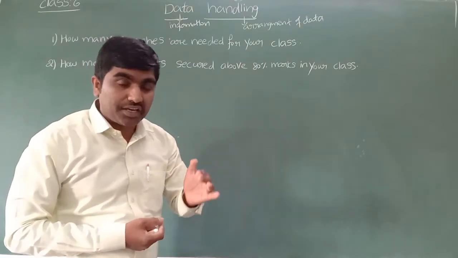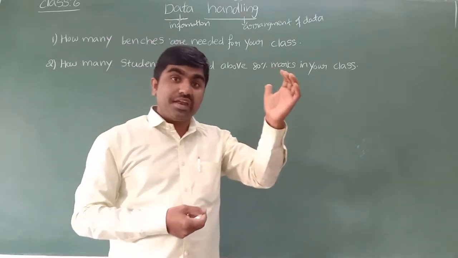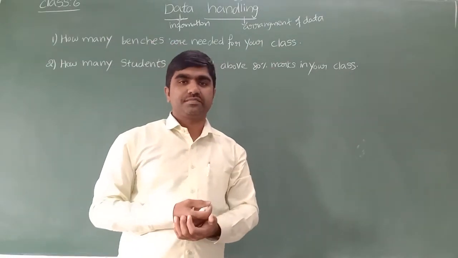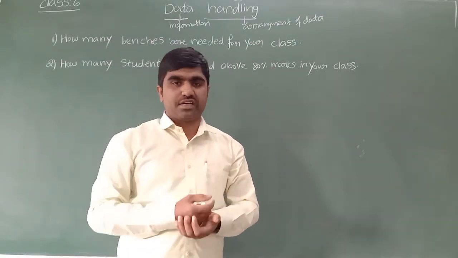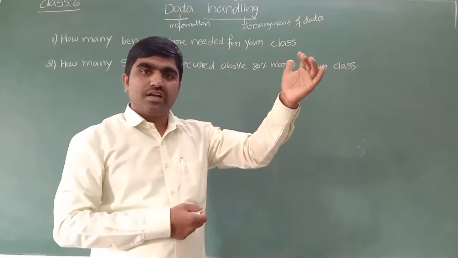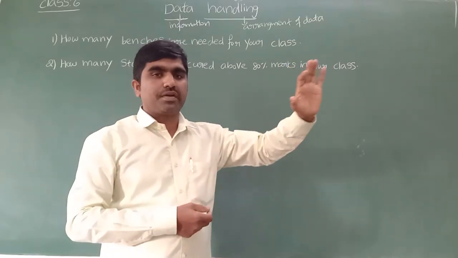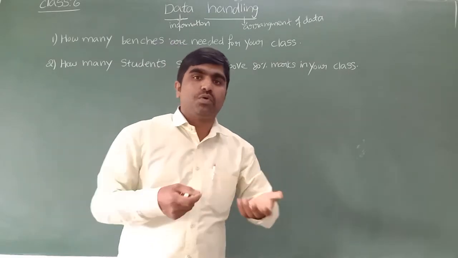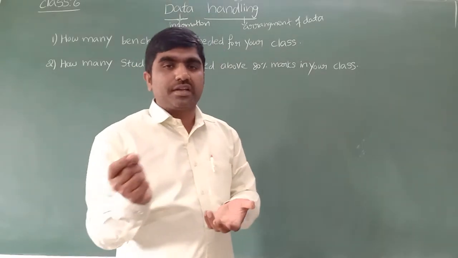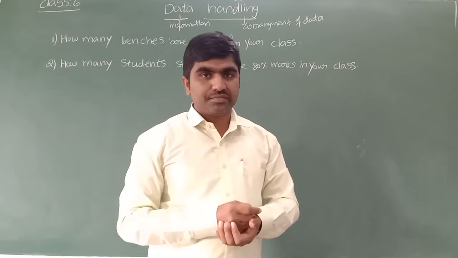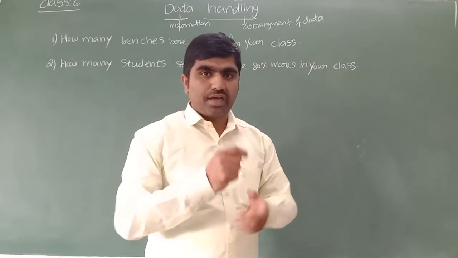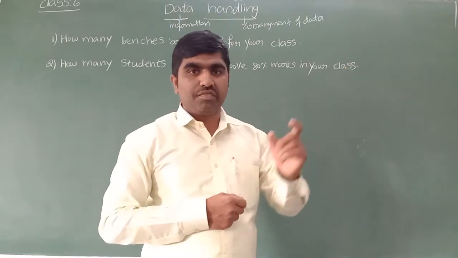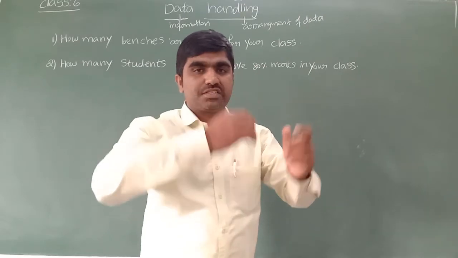If you arrange the information in a systematic order, it is easy to understand. Suppose I wrote boys separate, girls separate, and all in alphabetical order. If I want to know the information about one particular child called Virender, a boy, I can search only in the boys' names, and for V I can search from the bottom onwards.